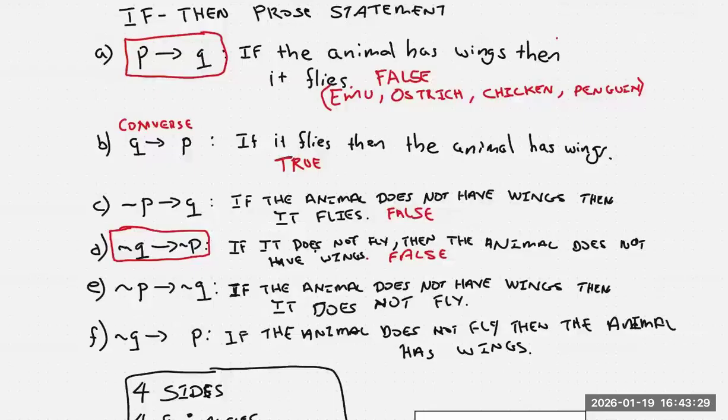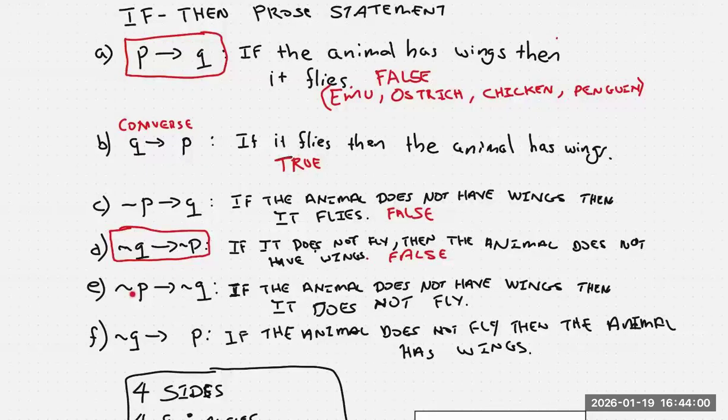Because if you came to a conclusion about a statement and the contrapositive is giving you a different result, something is wrong. So they must always have the same validity. If one is true, the next one must be true. And if one is false, the next one must be false. Contrapositive.